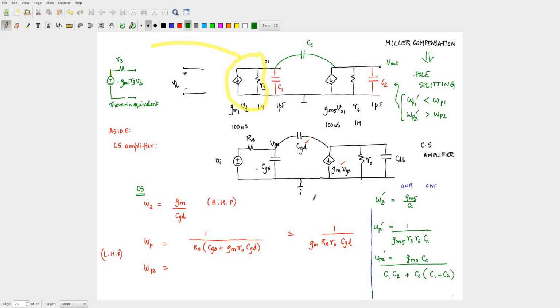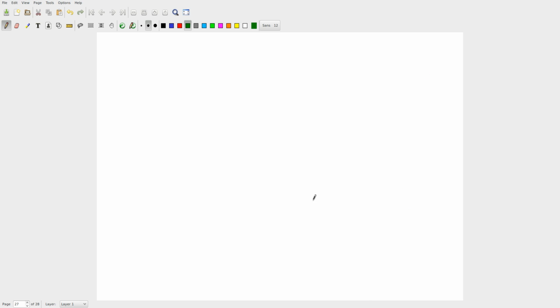You can go and find out as homework, please go and find out what is the value of Cc that ensures damping factor zeta is equal to 1, which implies your P2 prime is equal to 4 times the unity loop gain frequency A naught by K into P1.